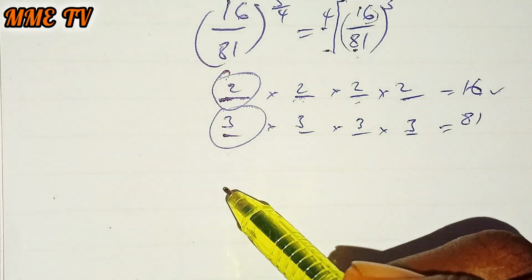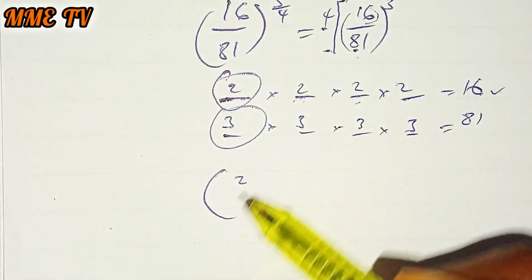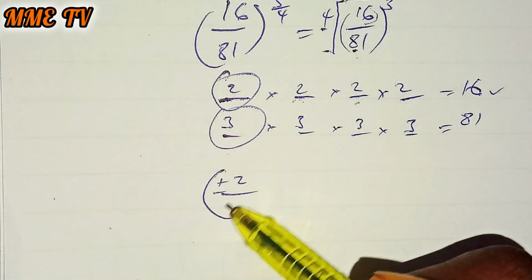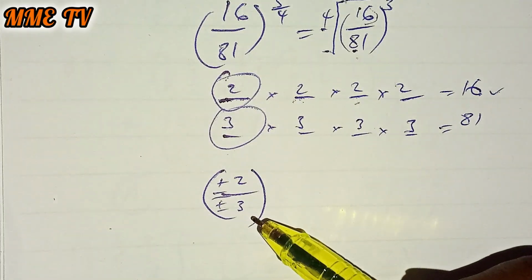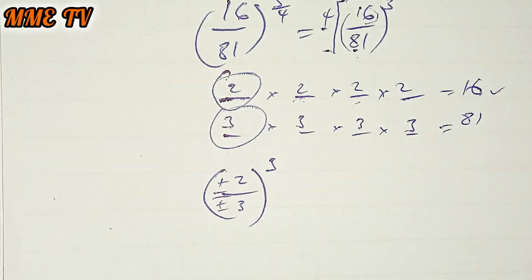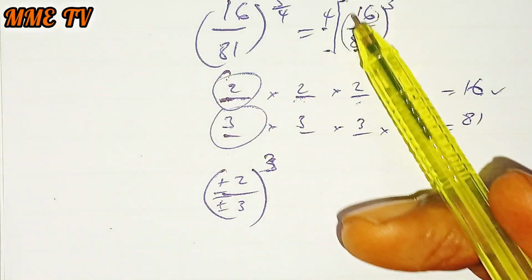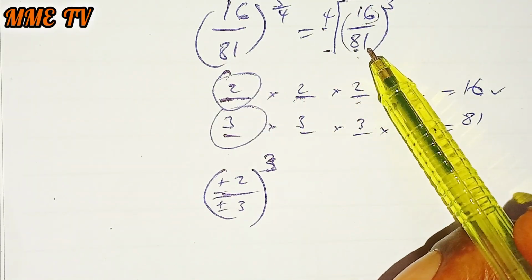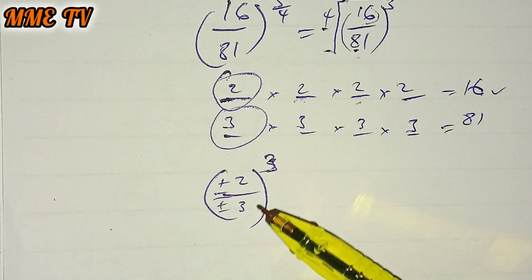Therefore, what this means is that in our bracket, plus or minus 2 over plus or minus 3, all raised to the power of 3. Remember what this is all about. We've actualized our dreams of getting the 4th root of 16 and 81, which is these two numbers, 2 and 3, right?